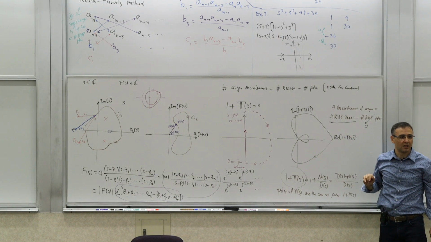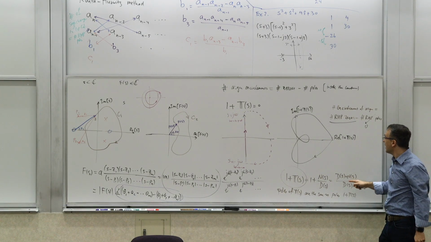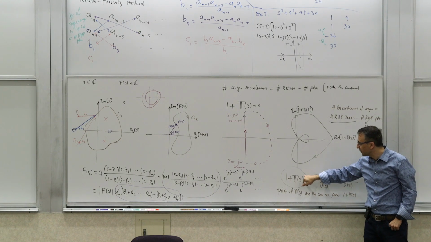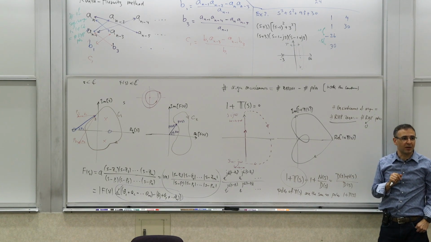Well, why do we care about the right half-plane poles of the loop gain? What it does is that if the number of right half-plane poles of the loop gain, basically the open loop, is 0, it allows us to use this criterion this way.